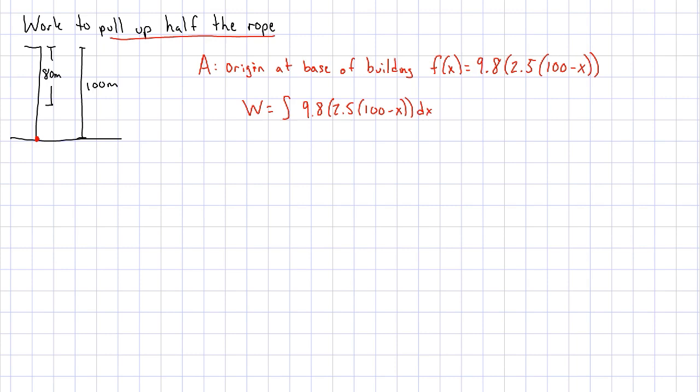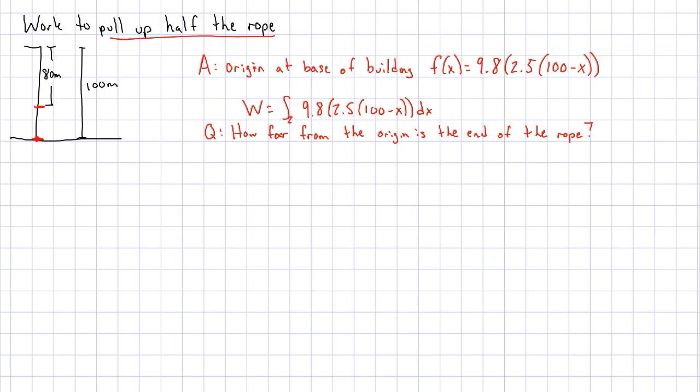I need to adjust the limits of integration. So the question that I ask myself is, how far from my location, from the origin, which is my point of reference, is the end of the rope? At the beginning, when they first start pulling the rope, the distance from my location to the end of the rope will be 20 meters.